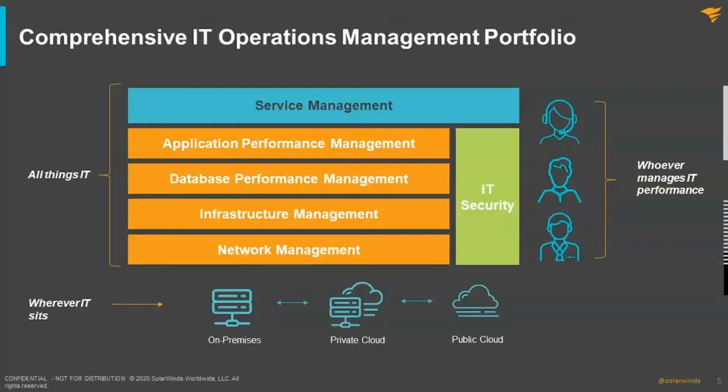There are several pillars to this. There are families, if you will, of products around application performance, database performance, infrastructure, and network. Spanning all of them with parallel use cases is everything associated with security, and overarching everything is obviously service management, trouble ticketing, and problem resolution processes and solutions. So at a high level, that's the totality of the SolarWinds portfolio.